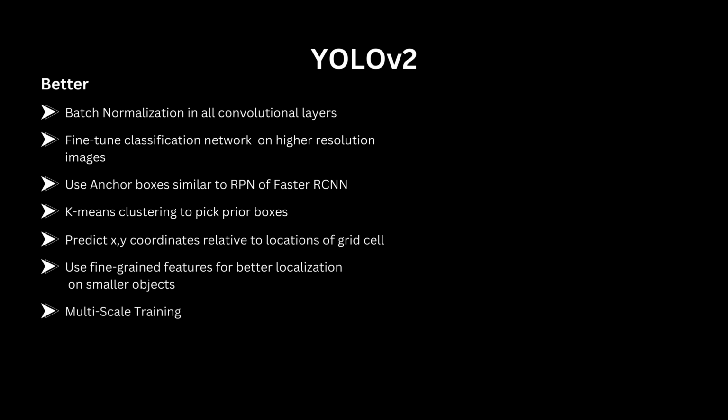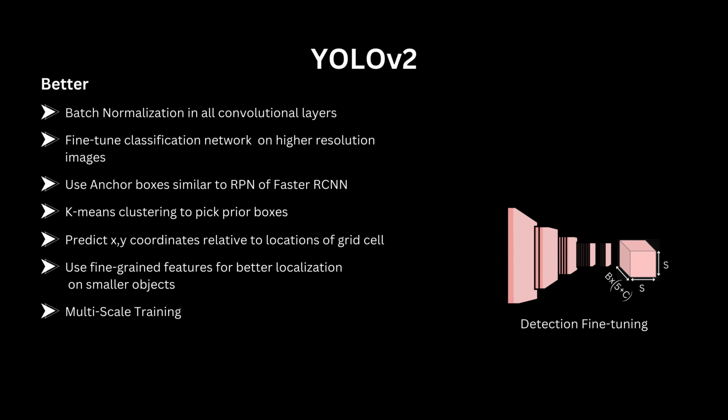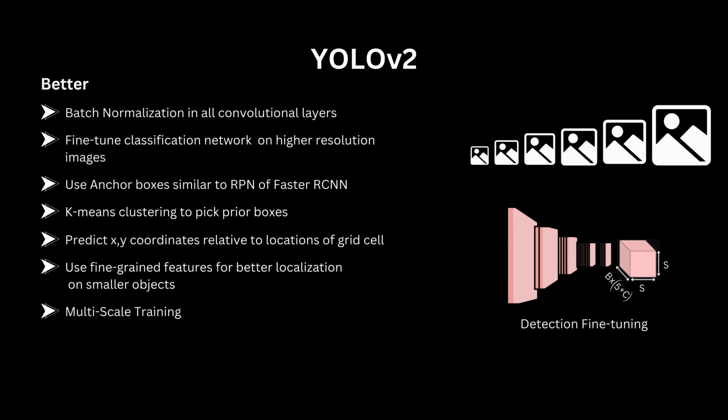The last part to make YOLOv2 better is multi-scale training. This change focuses on adapting the network to inputs of different sizes. Unlike YOLOv1, where during detection fine-tuning all input images in the dataset were resized to 448 x 448, we now feed the network images of different sizes throughout the course of training.